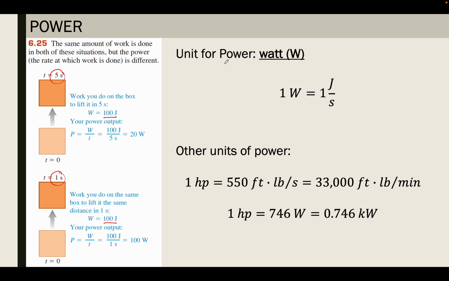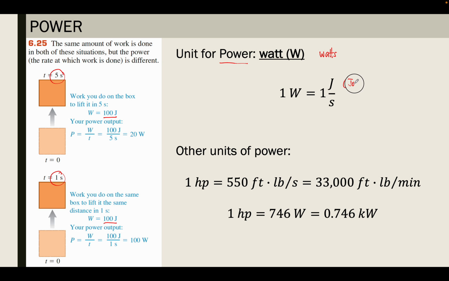By the way, the unit for power is watt, or watts if plural. The symbol for watt is capital letter W. One watt is equivalent to 1 joule per second.